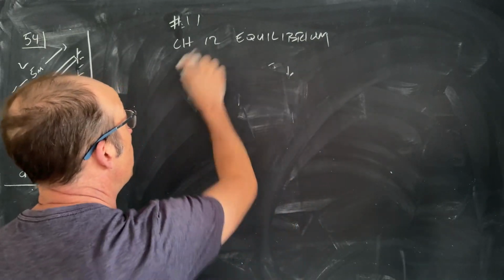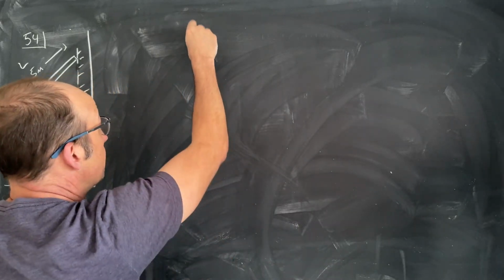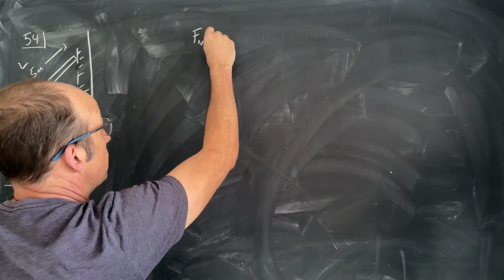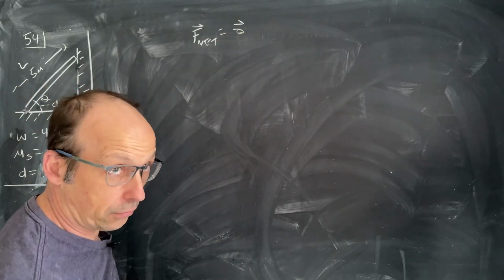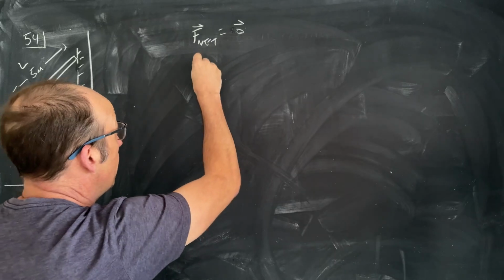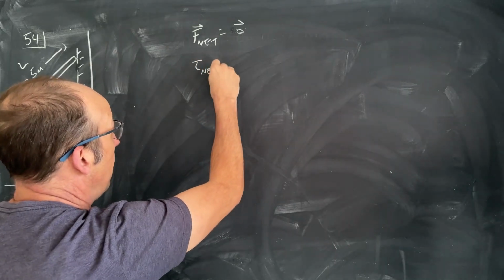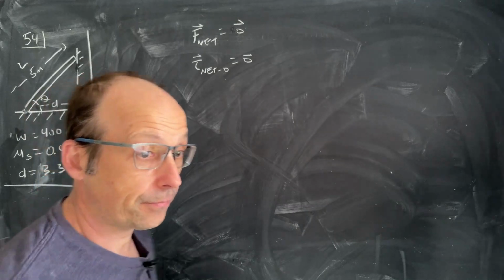So the two conditions for equilibrium are this: the net force is equal to 0, 0 vector. Remember, you can't have a scalar equal to a vector. And the net torque about some point O is equal to 0.